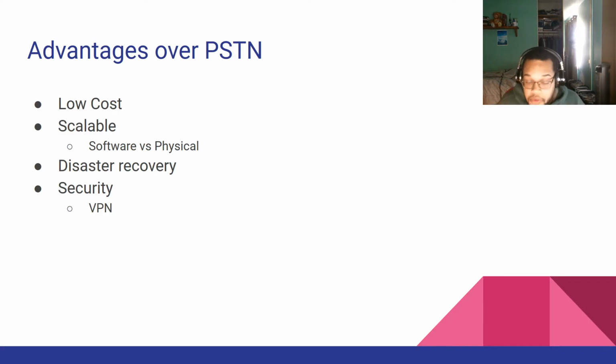And as I mentioned before, with the internet portion of this system, as I mentioned in the diagram, security is pretty crucial to any data.